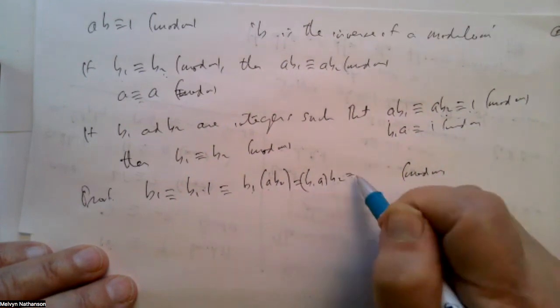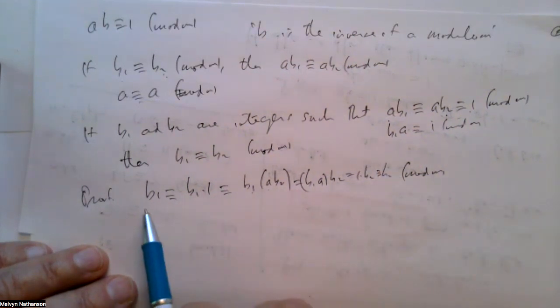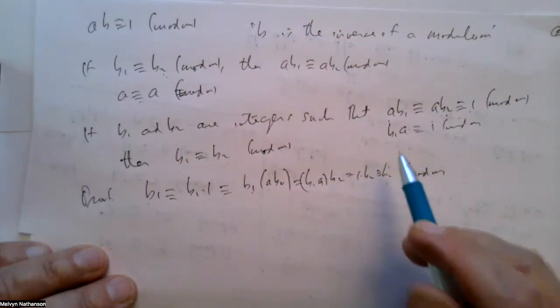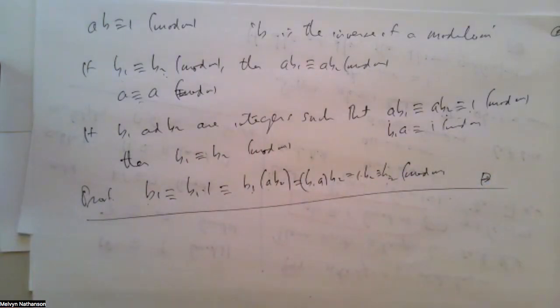So this is just 1 times B2, or B2. So this is that B1 is congruent to B2 mod M. So that is the proof of that remark.